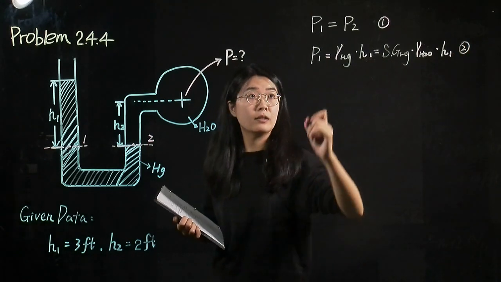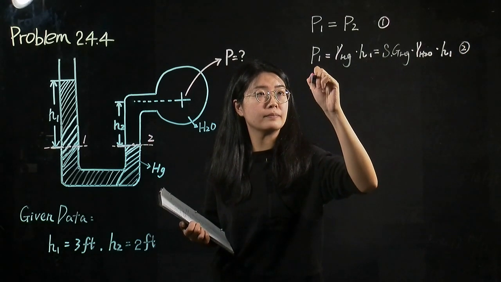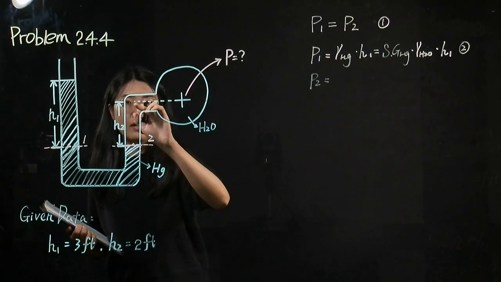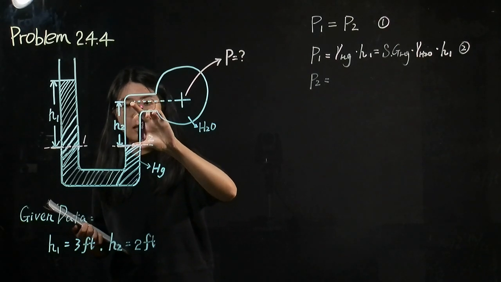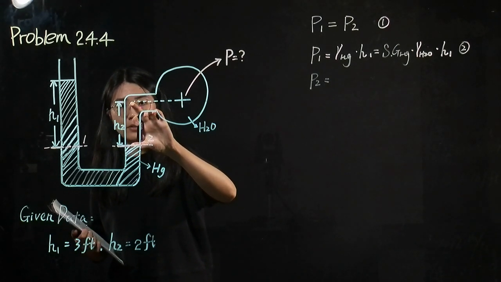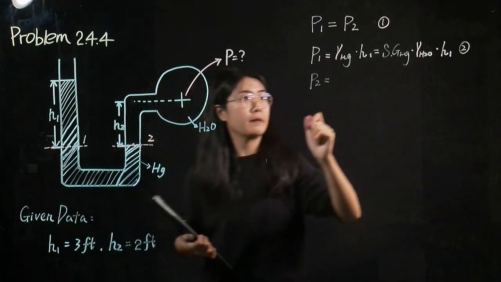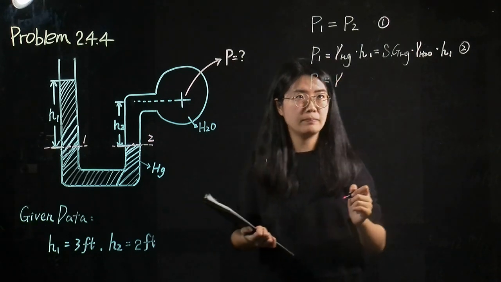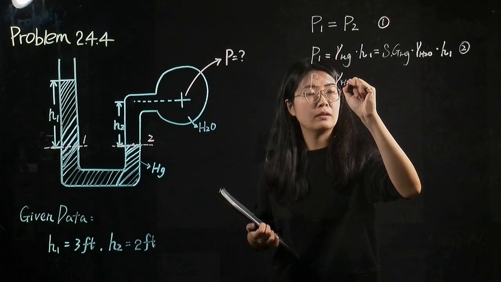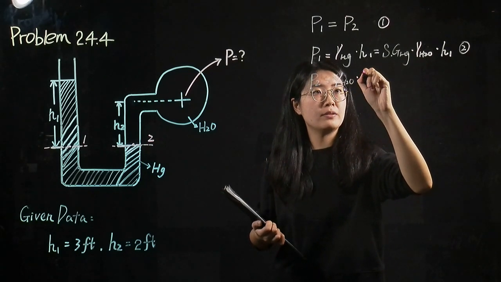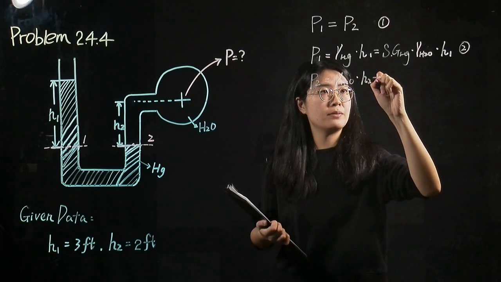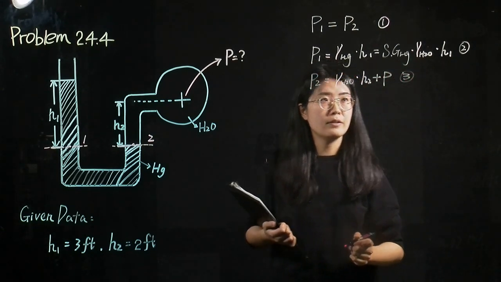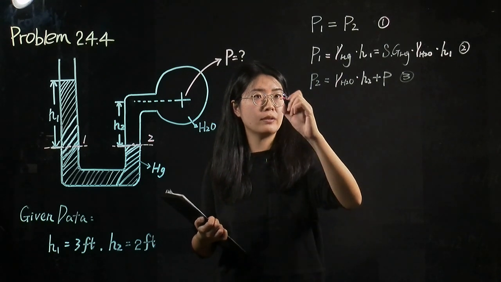The pressure at point 2 equals P plus the pressure exerted by the column of water. So the pressure would be the specific weight of water times H2 plus P. This is our third equation.